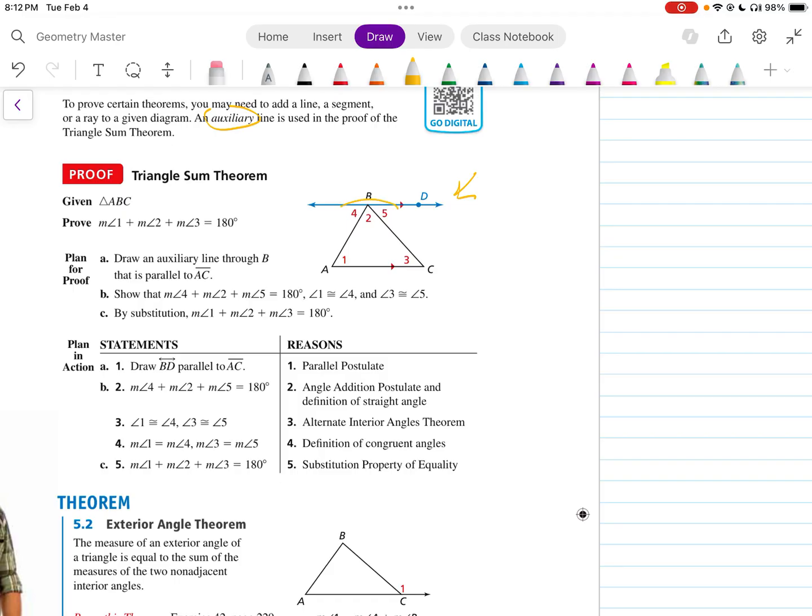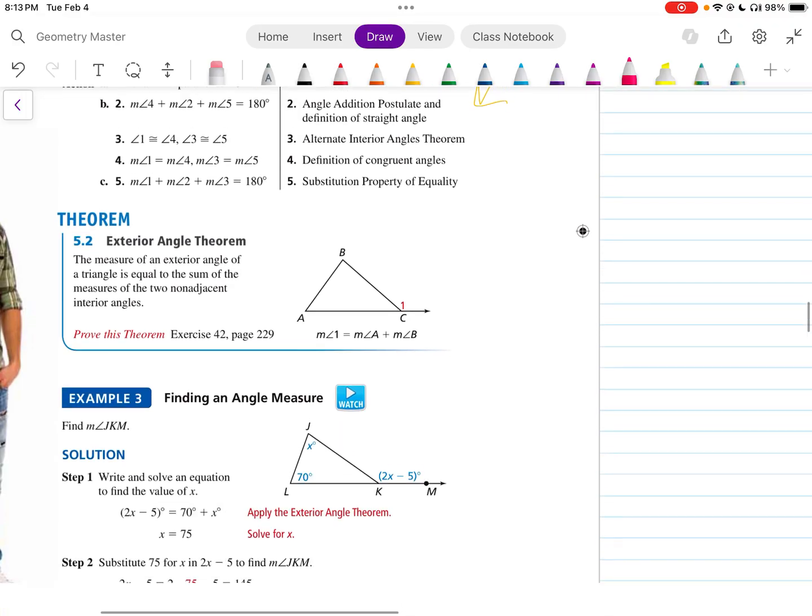It also gives us in 2, 4, and 5, those angles all create a line, so we know that they equal 180 degrees. So we can see here how we prove that the sum of the interior angles of a triangle is 180 degrees.